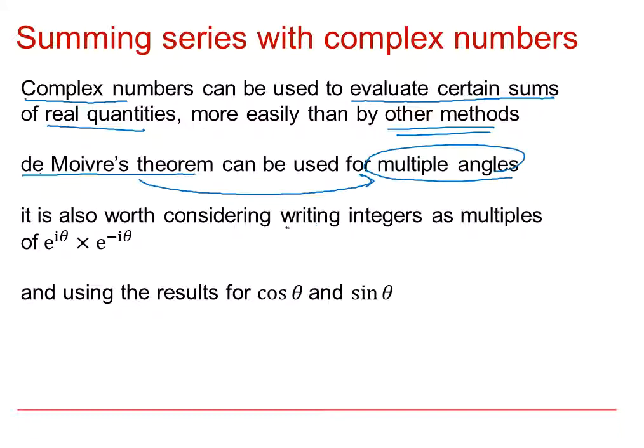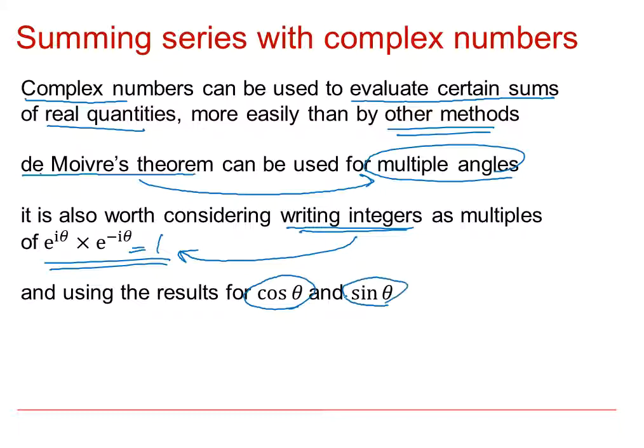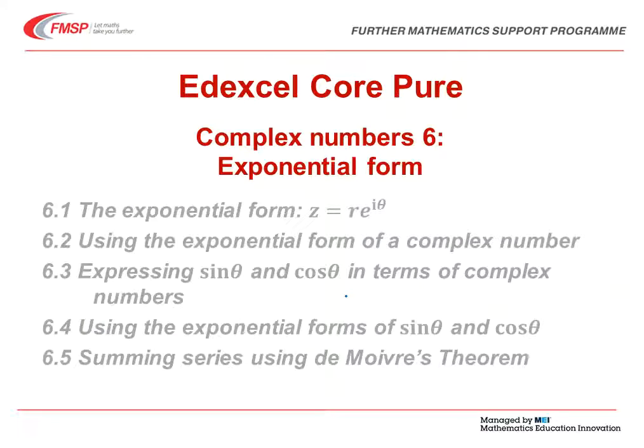It's also well worth considering, is it worth rewriting an integer in this form? For example, we rewrote 1 as e to the i theta plus e to the minus i theta at one point, or we used that result. And the exponent definitions of cos theta and sine theta are also extremely useful. And that brings us to the end of complex number 6, exponential form.